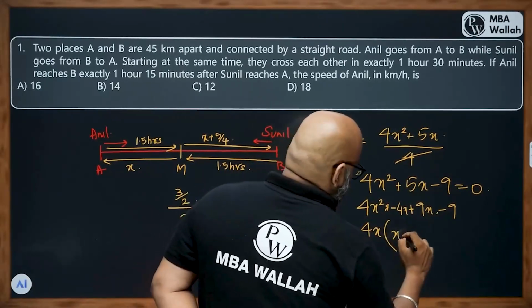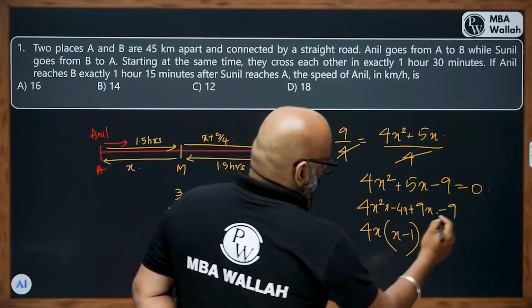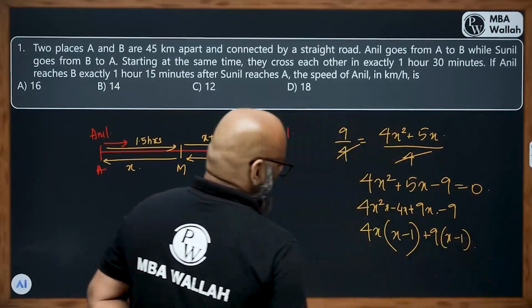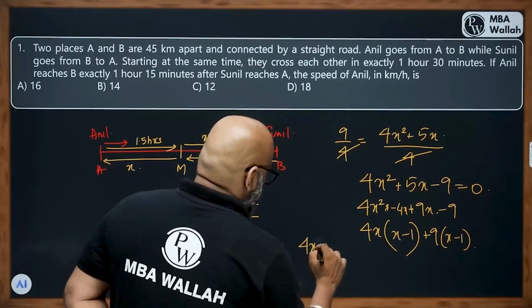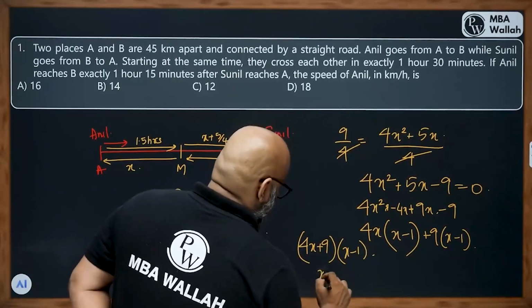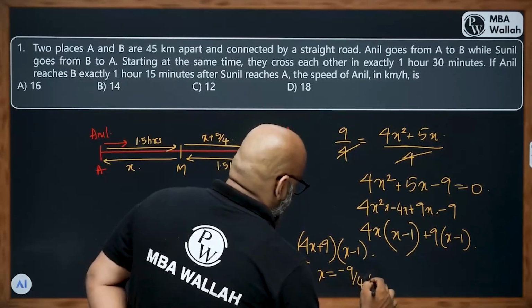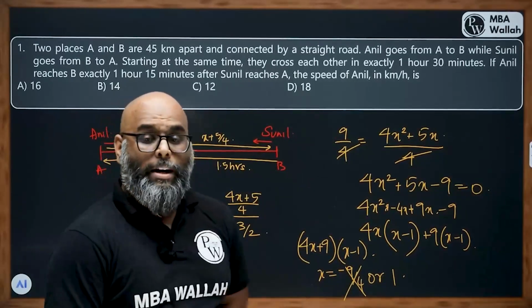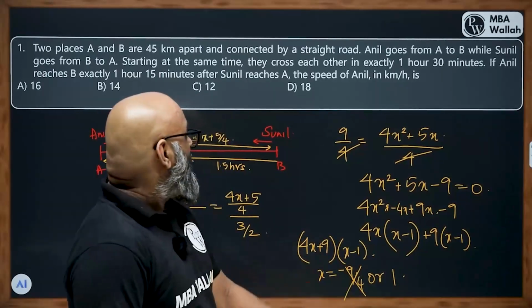This will become x minus 1. If I take plus 9 common here, I'll have x minus 1. So 4x plus 9 and x minus 1. X is equal to minus 9 by 4 or 1. X is time, so it cannot be minus 9 by 4. X has to be 1.